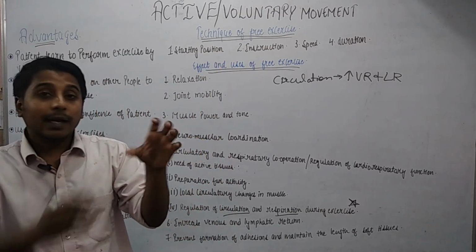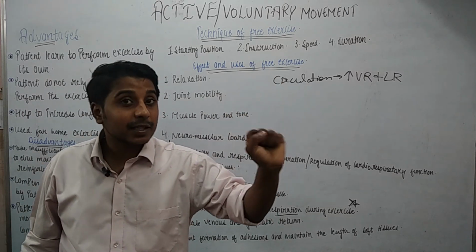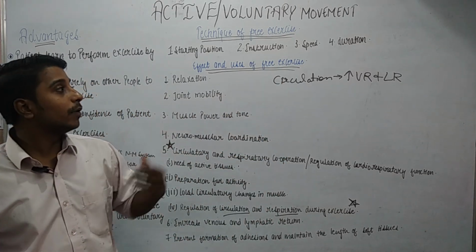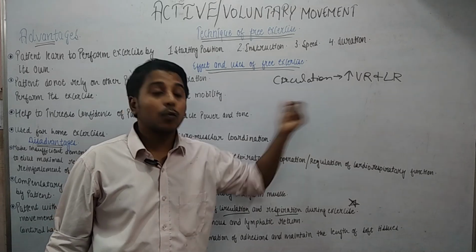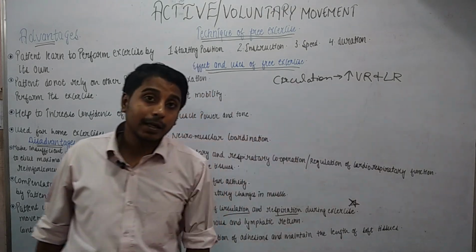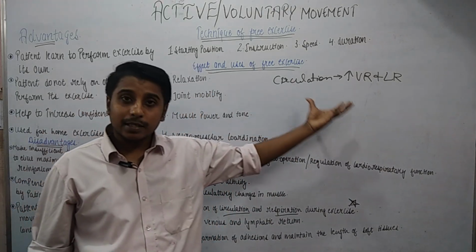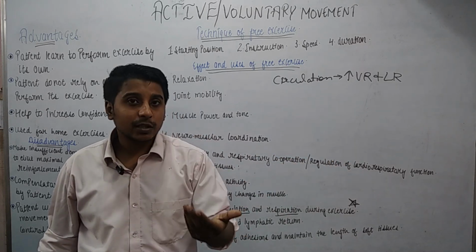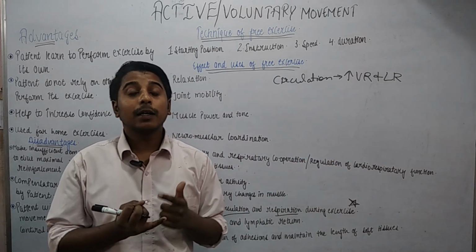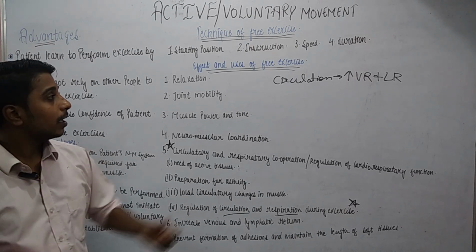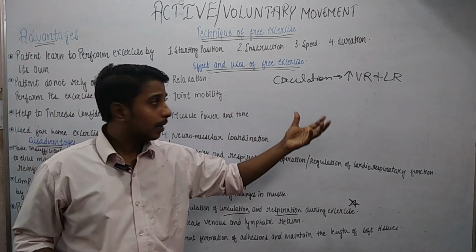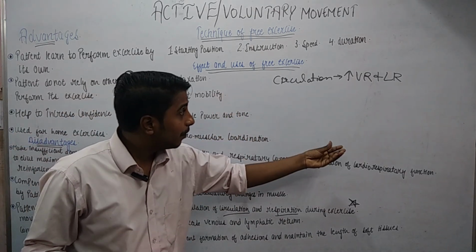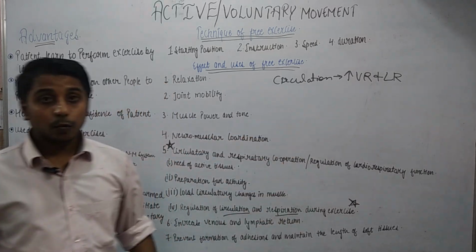Muscle contracts and the capillaries which are present in the muscle get compressed and blood is moved toward the heart. That is, the circulation is increased, venous and lymphatic return is increased. Also, this is further aided by the pressure variation in the respiratory area. So respiration also has some pressure variation which will further increase this circulation.